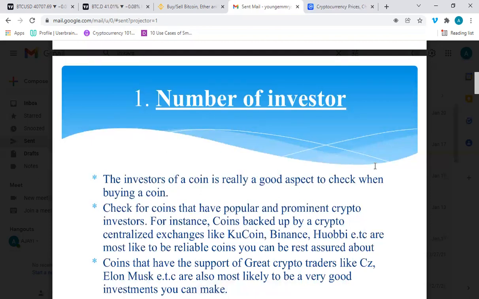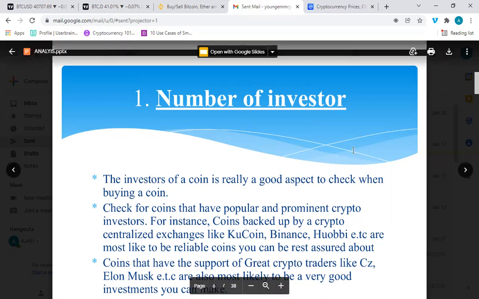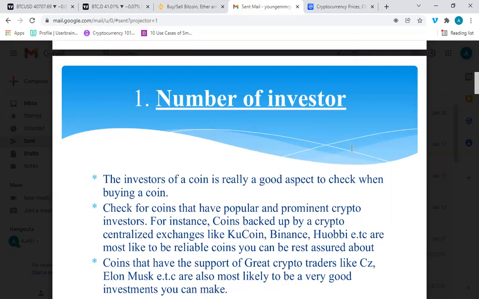You know fully well that for a company to thrive, you need people that will patronize you or invest with you. And these investors will determine if you are going to go high or not. Are you getting me? If you are going to go high or not.